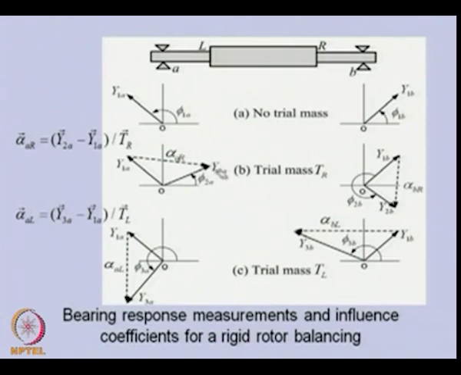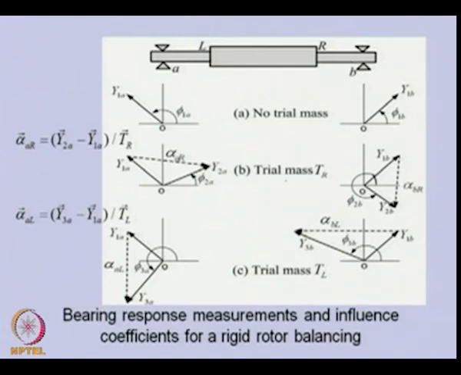Both amplitude and phase we measured, so this vector represents the second measurement at plane A. Similarly, y2b is the amplitude of vibration, and the phase is phi 2b. This vector represents the vibration for this trial mass.